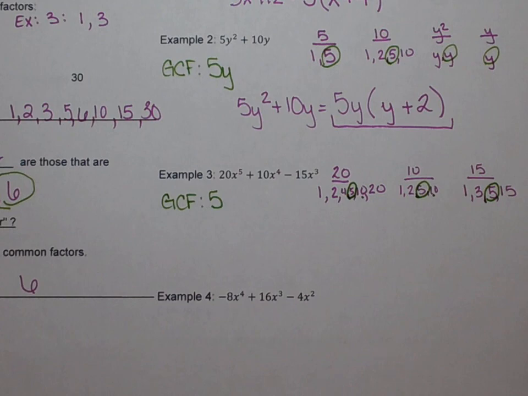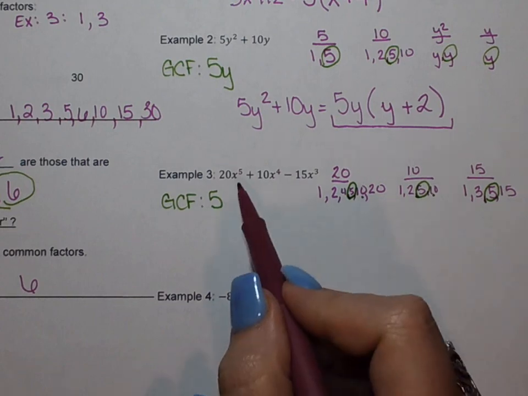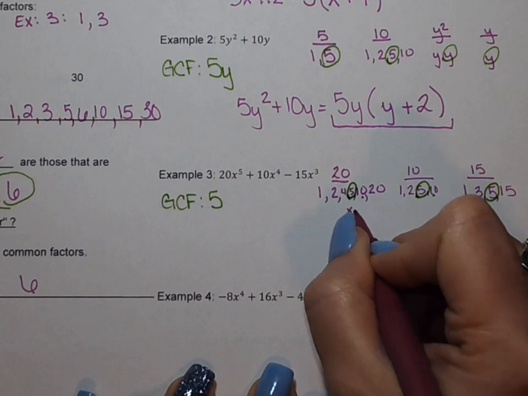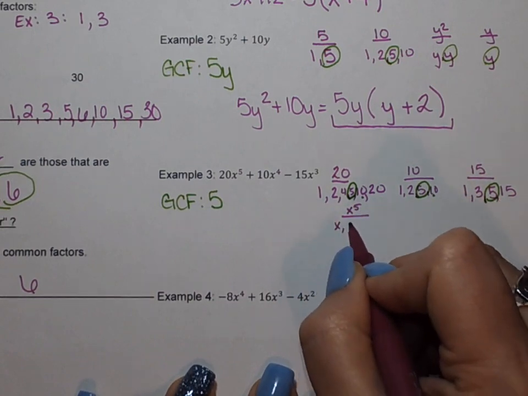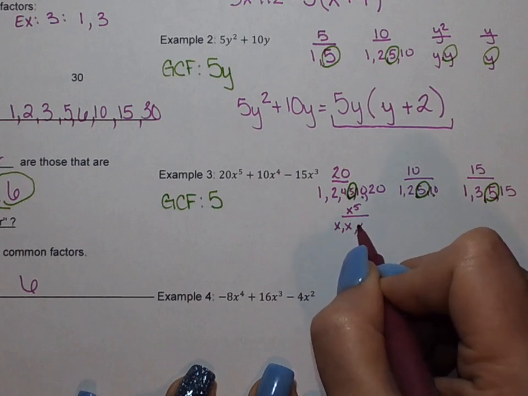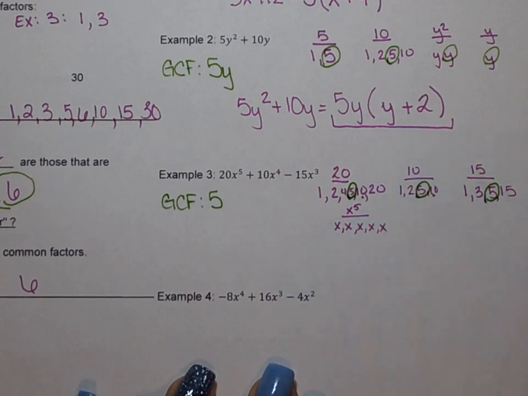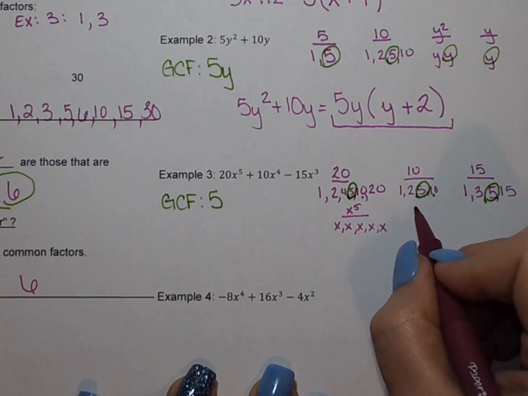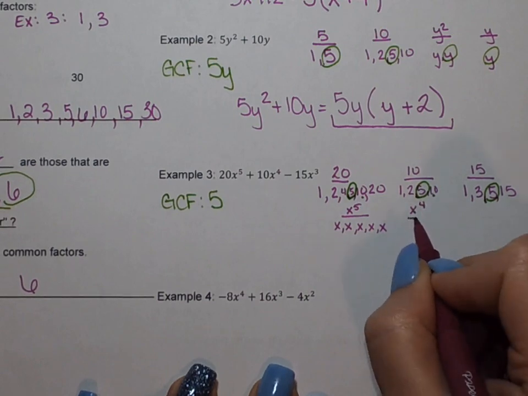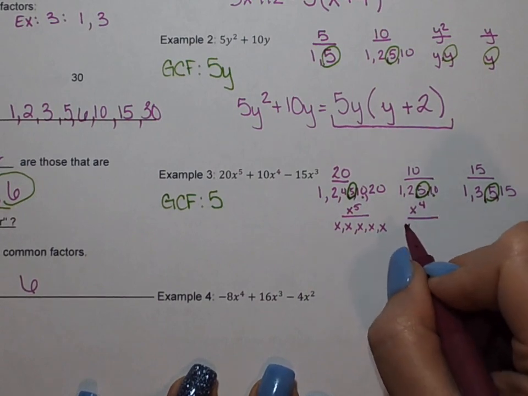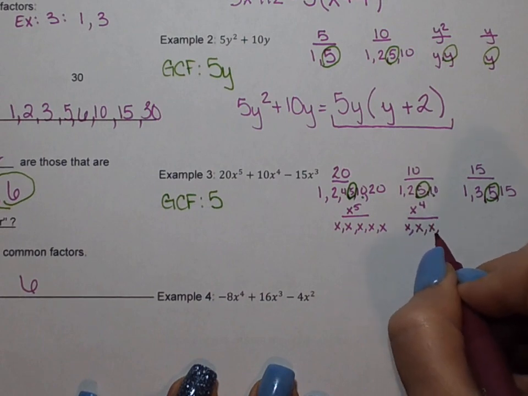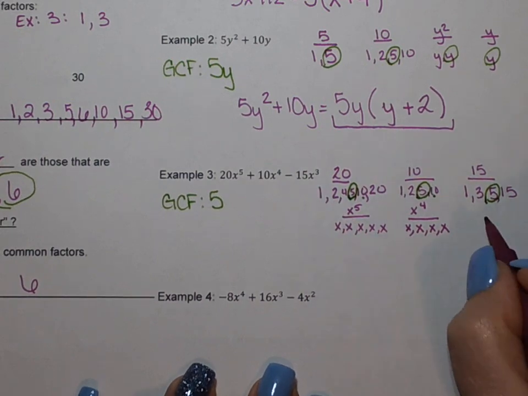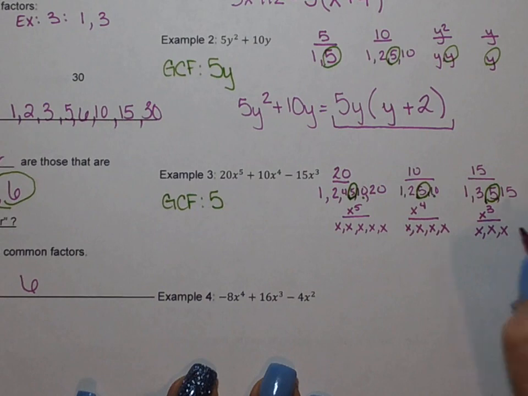Now we've got to look at those little variables. So we're going to start off with x to the 5th. That is 5 x's. So 1, 2, 3, 4, and 5. And as you get better at this, you won't have to write these out all the way like this. So x to the 4th is 1, 2, 3, 4 x's, and x cubed is 1, 2, and 3 x's.